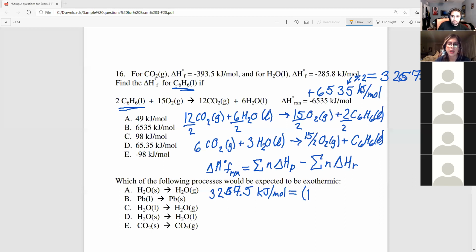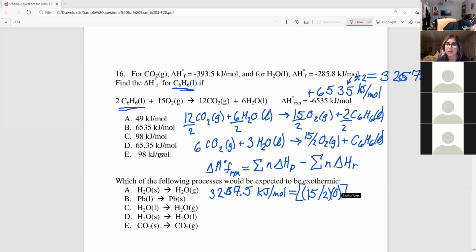So let's look at this equation that we made. So we're going to have 15, let me put brackets, 15 over 2. Either way, it's going to be 0. And then this is our product. So we already have that over here because that is the formation that we're looking at.